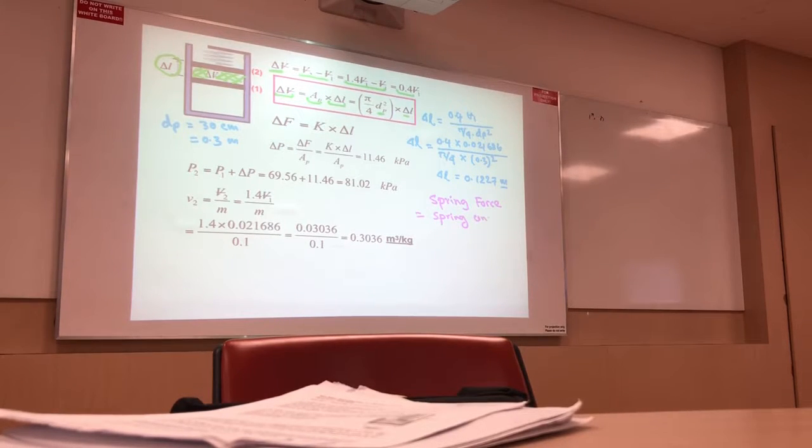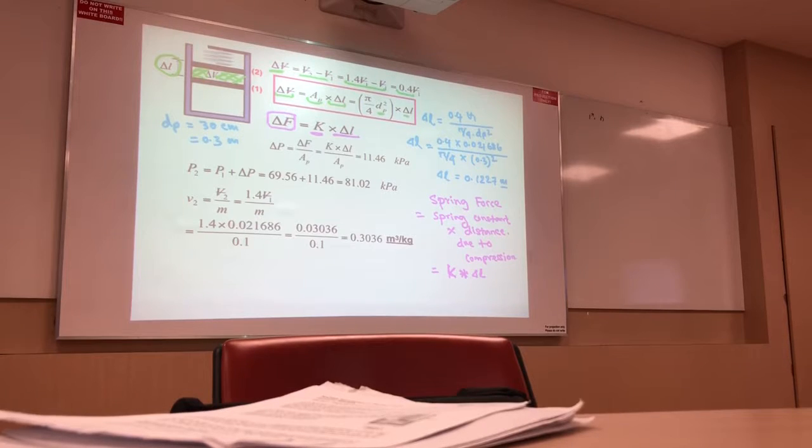Distance is compression distance, the distance due to compression. What is spring constant? Spring constant is K, and distance due to compression is delta L. So that's why I have written here spring force is K times delta L.